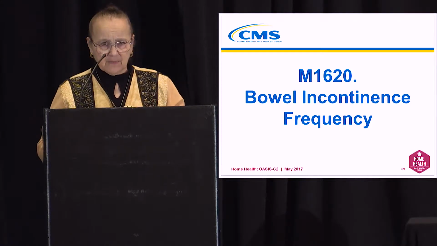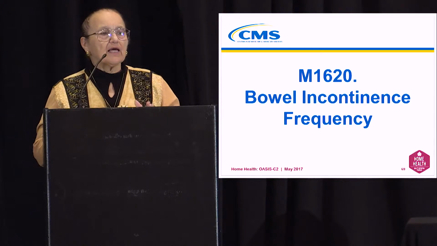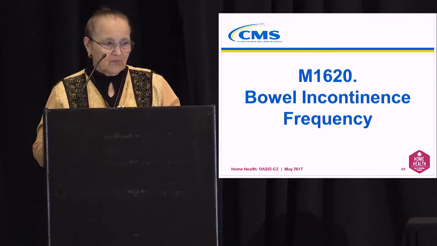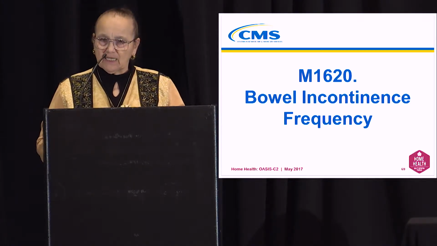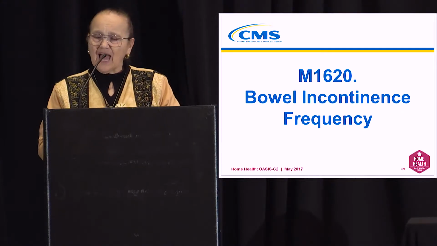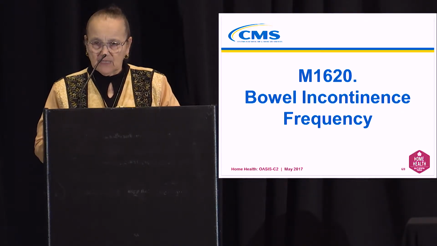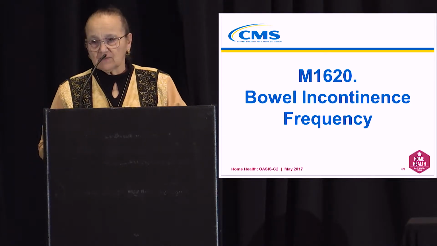If the patient symptomatically cannot be weighed, you cannot use that weight because it was not obtained by your agency within the preceding 30 days. It doesn't have to be the same clinician, but it has to have been obtained by your agency.